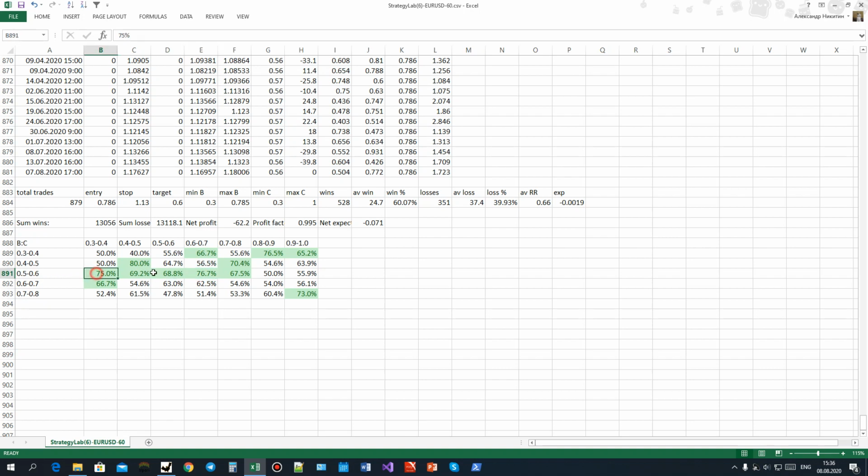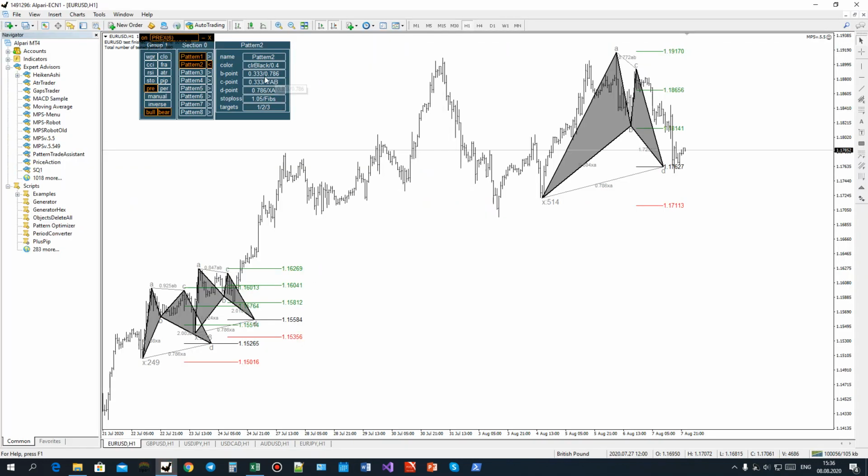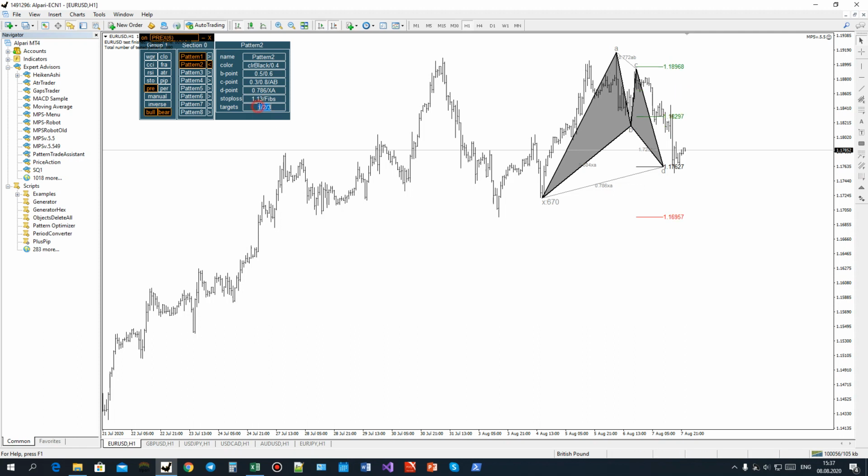Let us do it this way: 0.5 to 0.6, and 0.3 to 0.8. Okay, 113 stop loss, and the target should be 0.565.